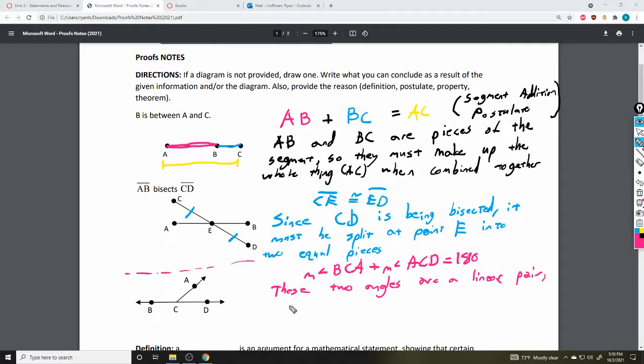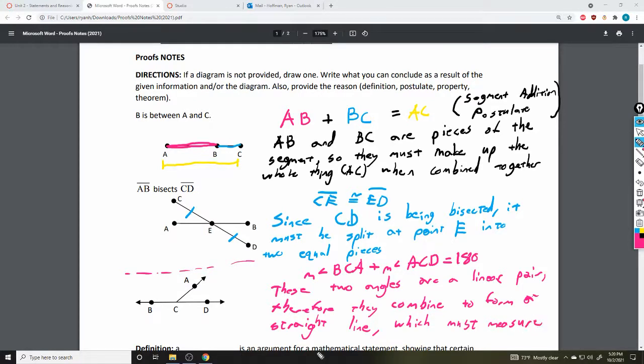These two angles are a linear pair. Therefore, they combine to form a straight line, which must measure, guess what it's going to measure?